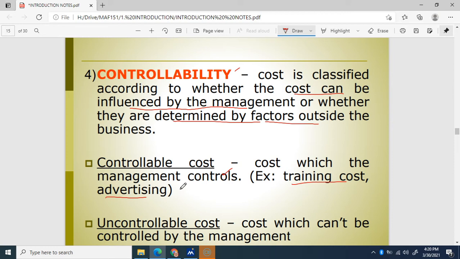They can decide whether to advertise in electronic media or newspaper, and for how long. So the management has influence or control over these costs internally.